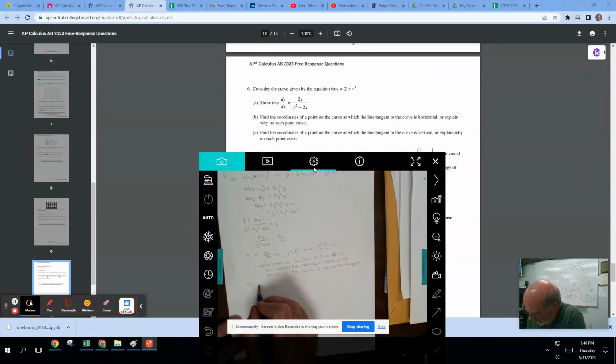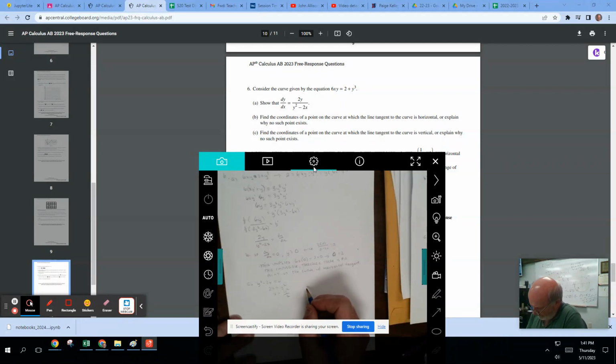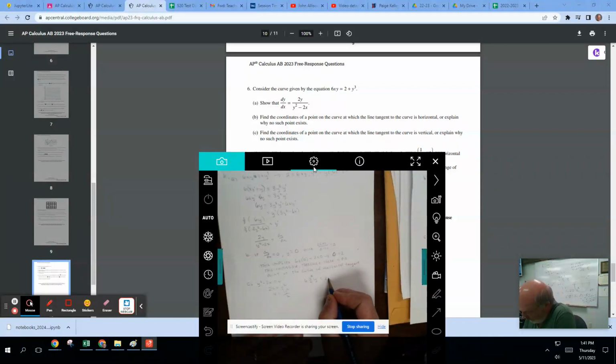So y squared minus 2x would have to equal 0, which would mean 2x equals y squared, x equals y squared over 2. So if we go back to our original curve, we would have 6 times y squared over 2 times y equal to 2 plus y cubed.